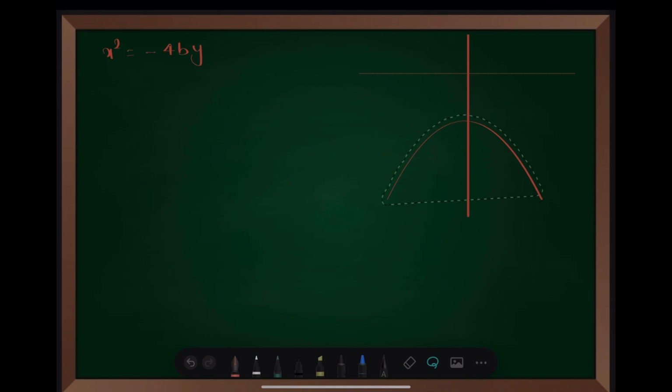Now I'll go with the lower opening parabola. x square equals minus 4by. Now look at this. Now you know that this is the focus.